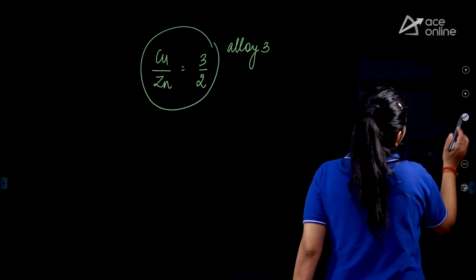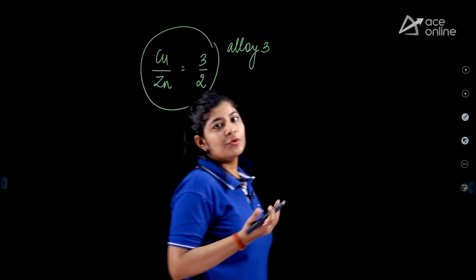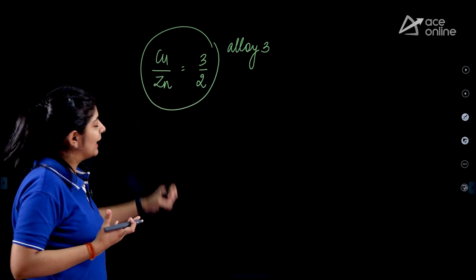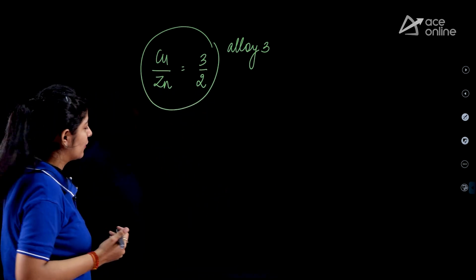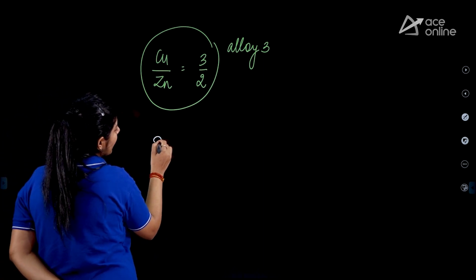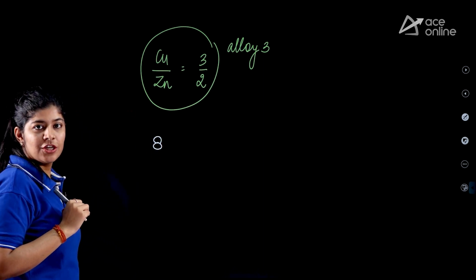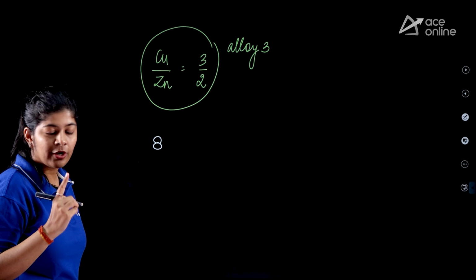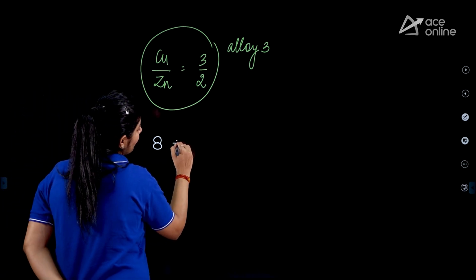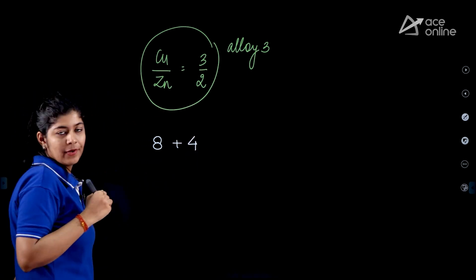Now, if you want to write the fraction for the rest of the alloys, I am getting 8 kgs of copper from alloy number 1 plus 4 kg of copper from alloy number 2.